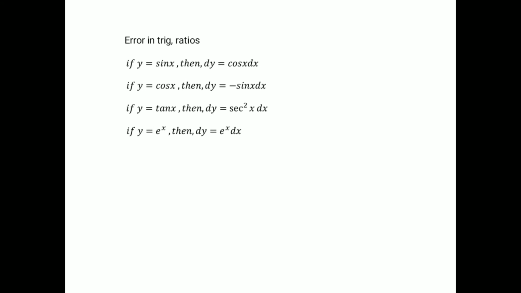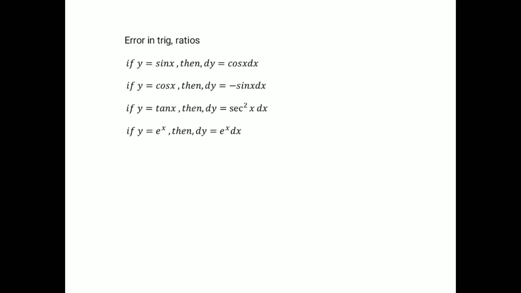Now this leads us to error in trig ratios. If y equals sine x, you should know that the error in y, dy, will be cos x dx. Please note that. If y equals cos x, then dy is equal to minus sine x dx. If y equals tan x, then dy is sec squared x dx.